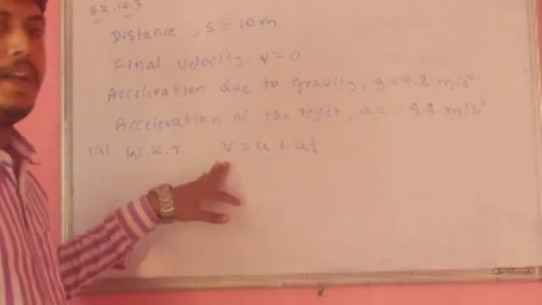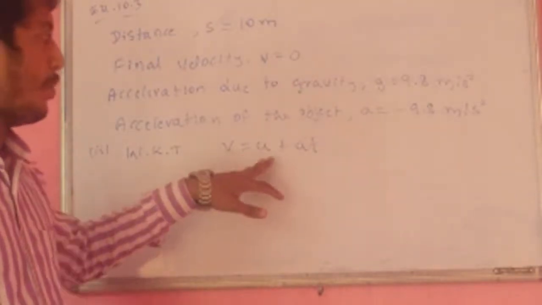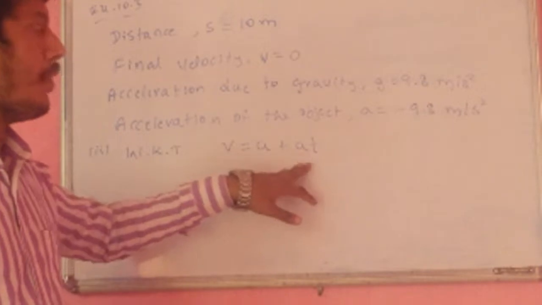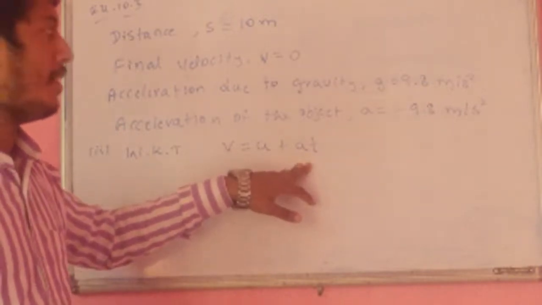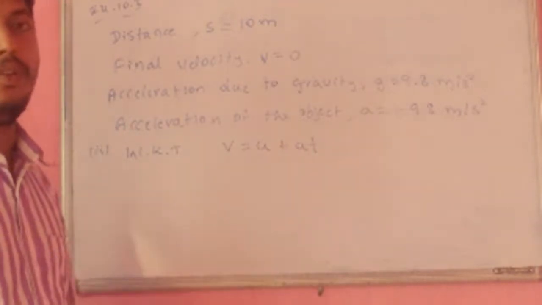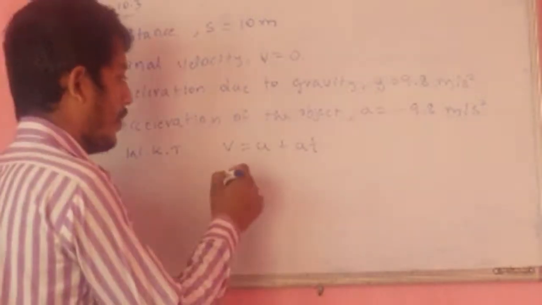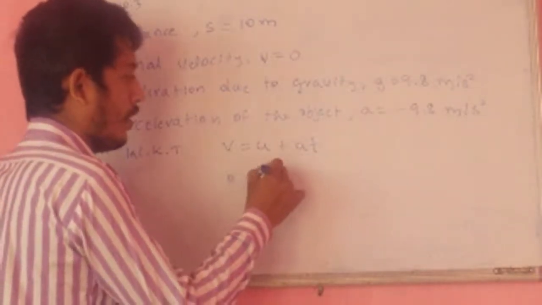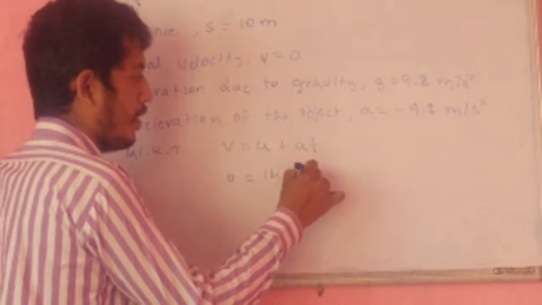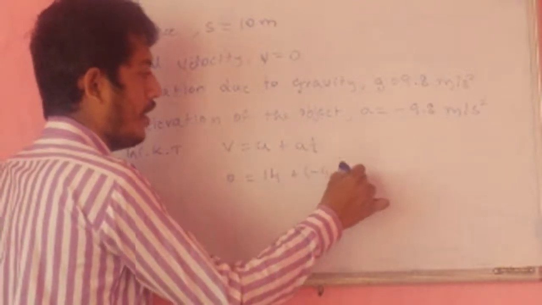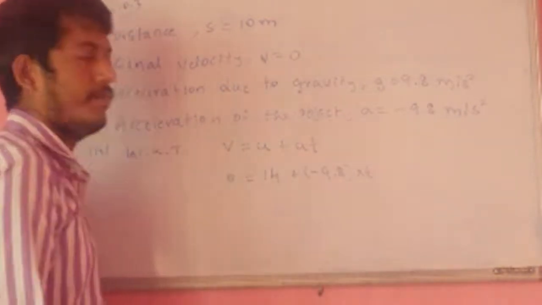Here we know the value of v, that is 0. We know the value of u, that is 14. We know the value of a, that is minus 9.8, and we have to find out the value of t. So v value is 0, that equals u value 14 plus a value minus 9.8 into t.